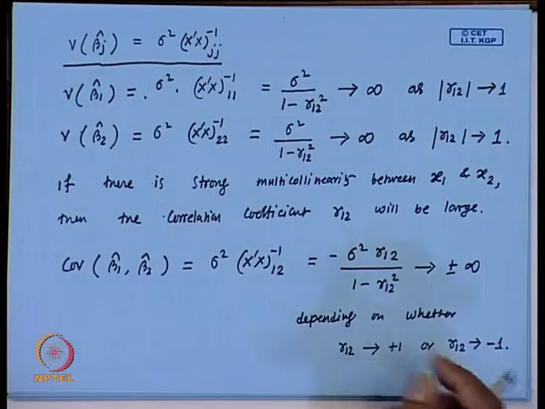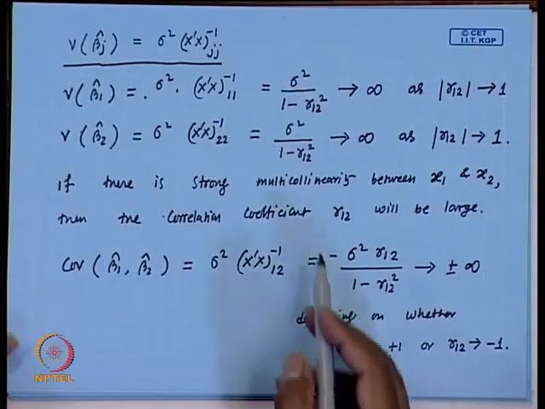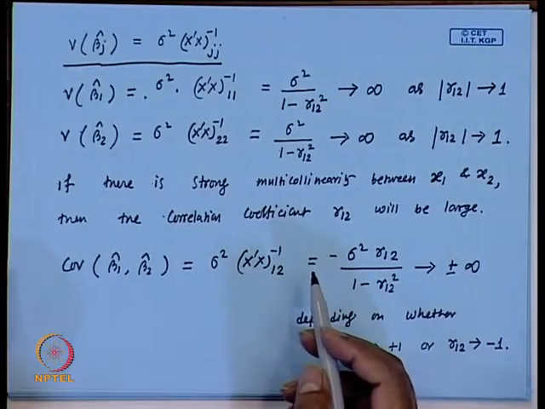So, this is the proof for using two regressors in the multiple linear regression model.